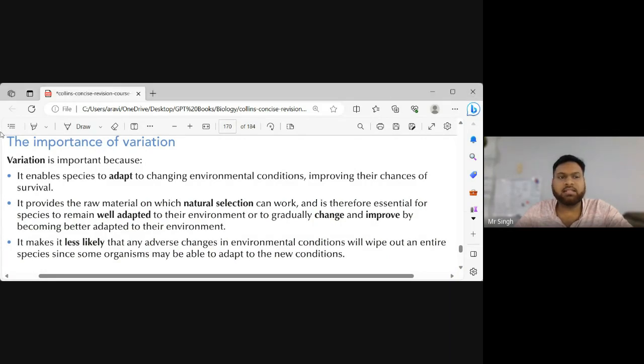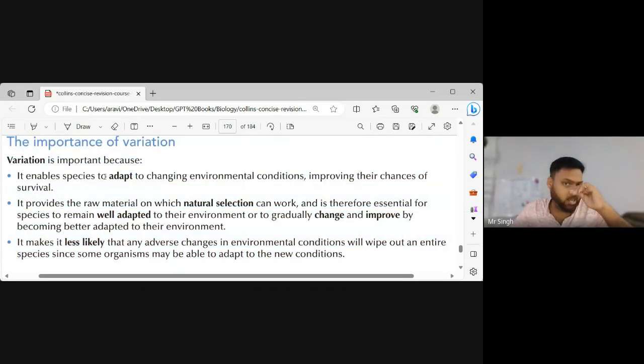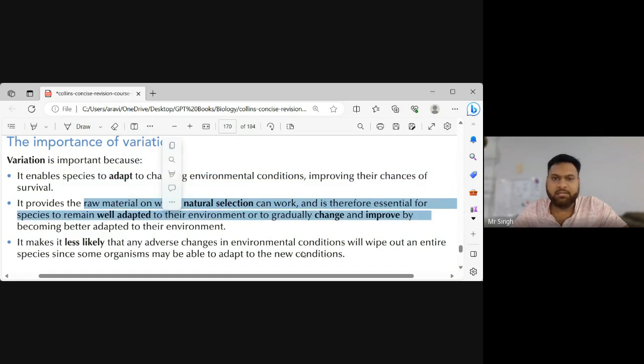So quickly go ahead and take this down. We didn't do any specific animal examples of variation. Could anybody give me any examples of how variation allows the species to adapt, or be better adapted? Any specific examples they might have?